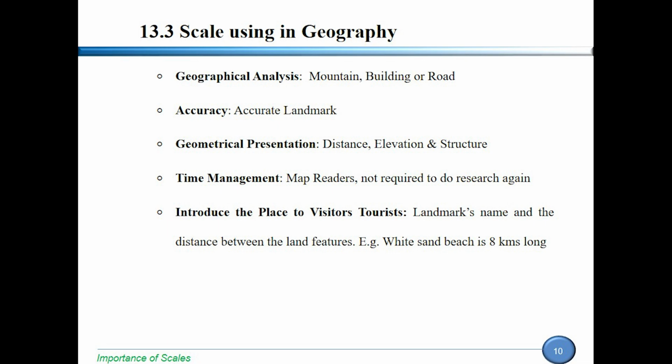When these contours are close together, that means the area is very much inclined, or it can even be a cliff. If these contours are scattered, then that particular area has a gentle slope, not steep but gentle. Or we can even consider the analysis for buildings as well as roads.